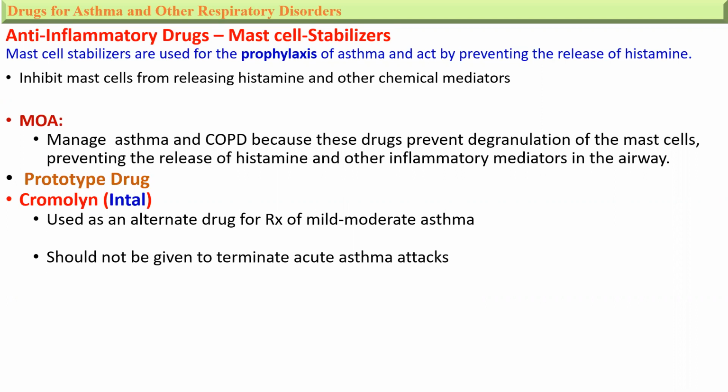Cromolyn is the prototype drug for mast cell stabilizers, used as an alternative drug for treating mild to moderate asthma when corticosteroids are contraindicated or haven't proven effective. It should not be given to terminate an acute asthmatic attack.